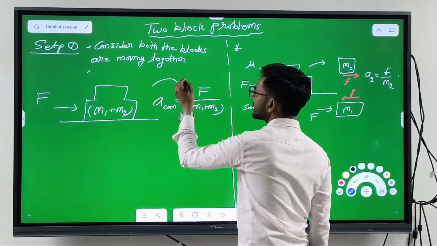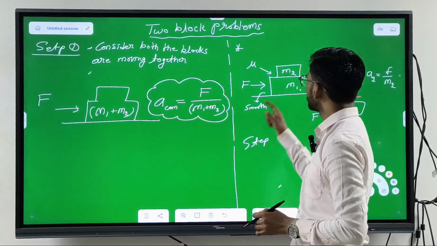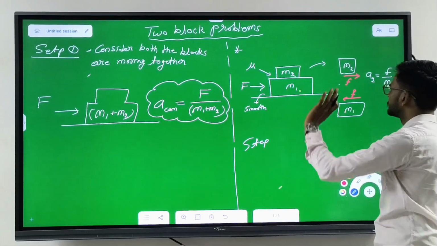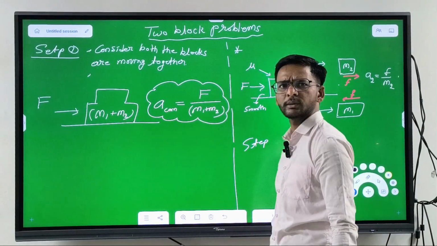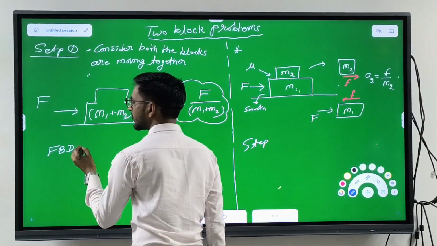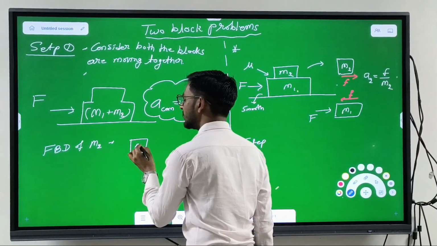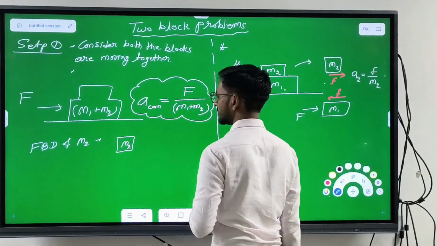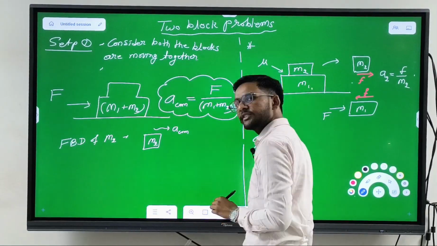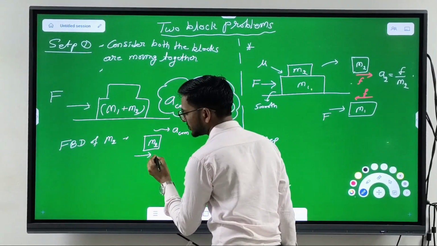How can we cross check it? Let's draw a free body diagram of any one of the two blocks. Let's draw the FBD of the m2 block. The block m2 is moving with the acceleration of the combined system, and the force acting is friction force.